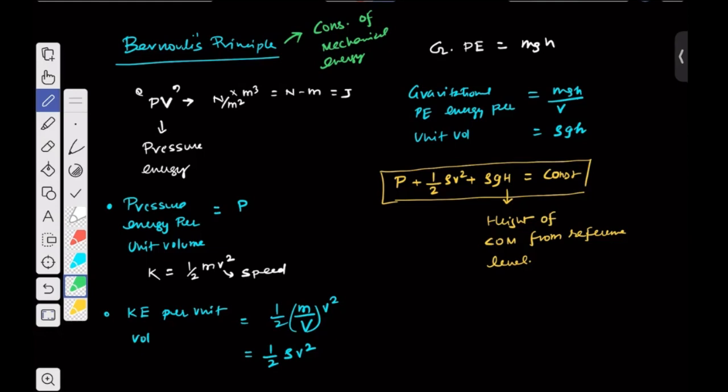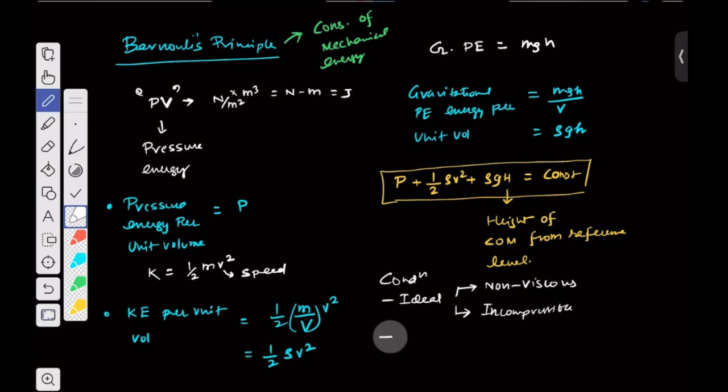So for us to be able to apply Bernoulli's principle, the condition is the fluid must be an ideal fluid. Once ideal fluid is told, it means it is going to be non-viscous. Non-viscous means it cannot withstand any kind of forces parallel to the surface, so it cannot apply any forces parallel to the surface. And it is going to be incompressible.